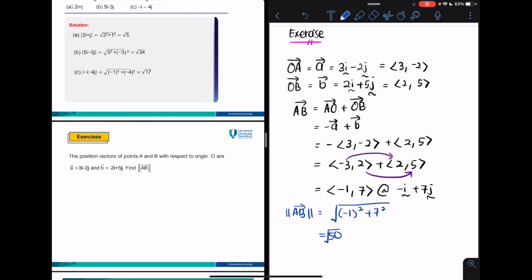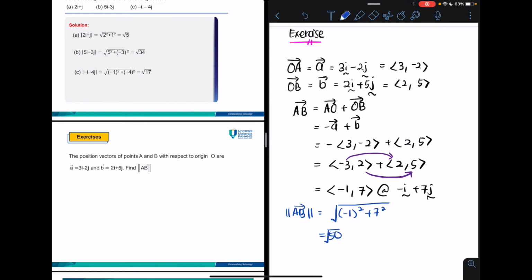Then please remember how to form vector AB. Vector AB can be formed by using this expression: vector AO plus vector OB. Based on the introduction in the previous video, in order to get AO, you can find the negative vector.